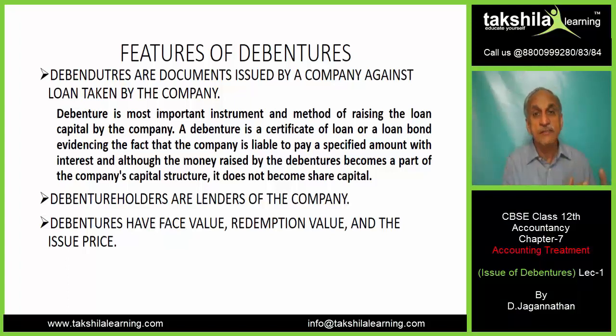But in case of equity shares, the maximum share capital the company can raise is given through what is known as the authorized share capital of the company. There is no such maximum limit in the case of debentures. So the company can issue any amount of debentures, with whatever value, in different classes of debentures.